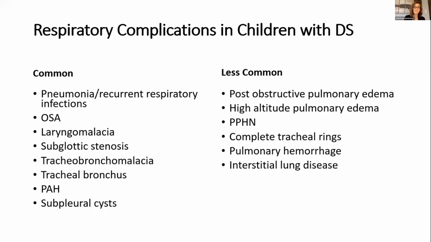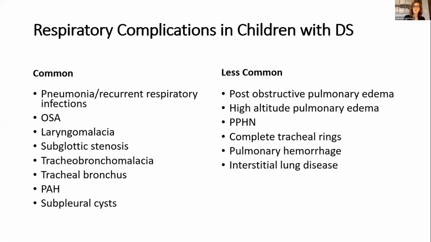We have pulmonary and vascular complications, of which pulmonary arterial hypertension is very important to know and acknowledge, as it happens irrespective of the presence and severity of any underlying congenital heart defect.